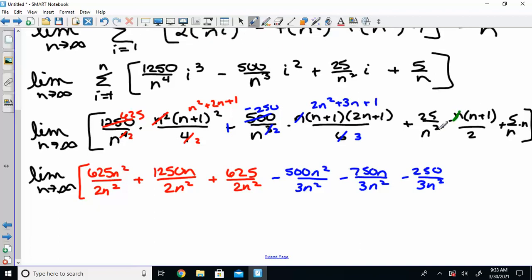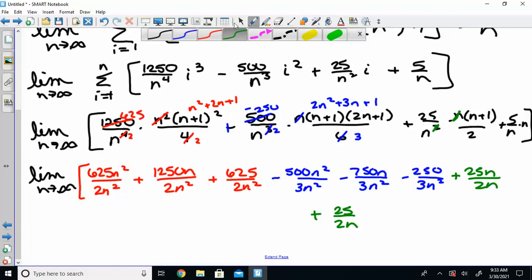This one I can cancel one of those n's. So if I distribute, we get 25n over 2n plus 25 over 2n. And the last term, those n's cancel and we have a plus 5.